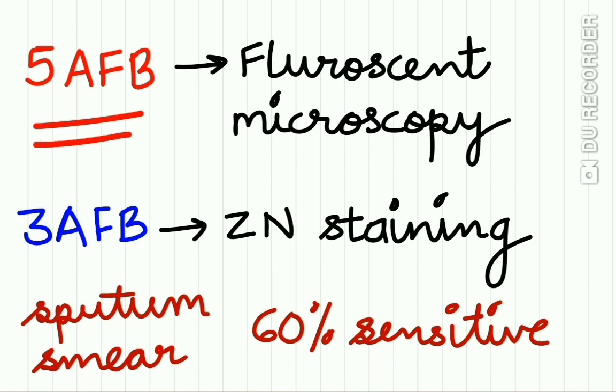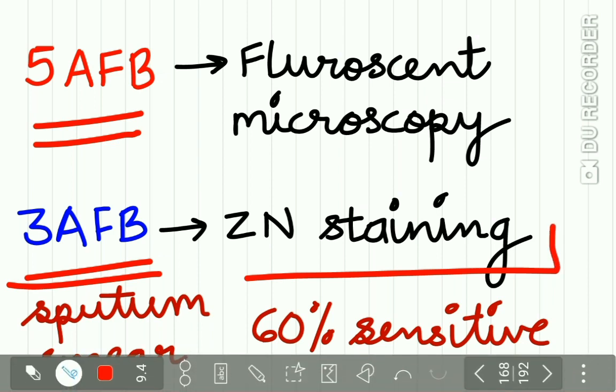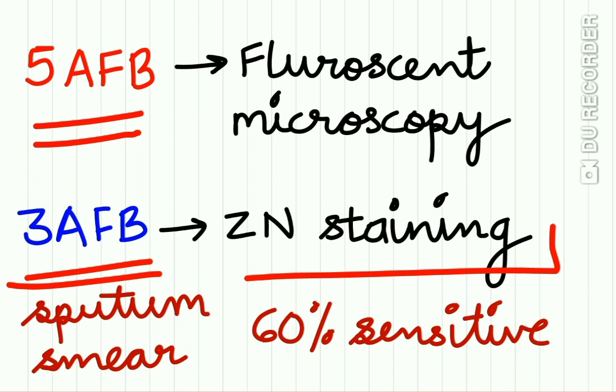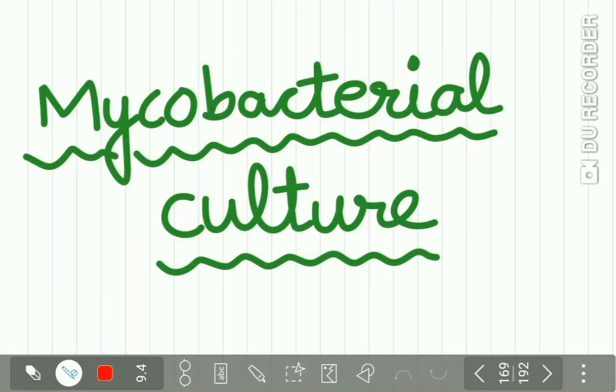Classically, 5 acid-fast bacilli must be visualized in fluorescent microscopy, and 3 acid-fast bacilli should be identified in ZN staining to confirm the diagnosis of tuberculosis. Now, sputum smear has 60% sensitivity in the diagnosis.